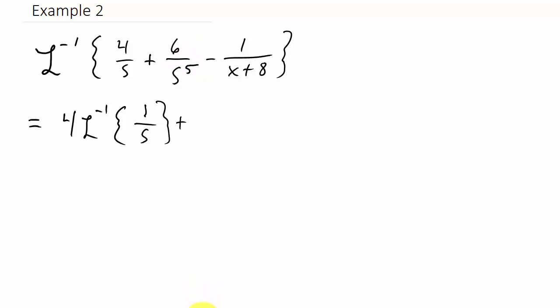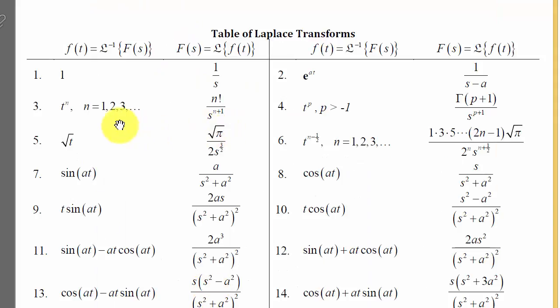So let's take a look at this one. Once again, I'm going to use this number 3. I have s to the 5th, so I can write that as 4 plus 1 as my exponent. So that means that in the numerator, since n is 4, I need a 4 factorial.